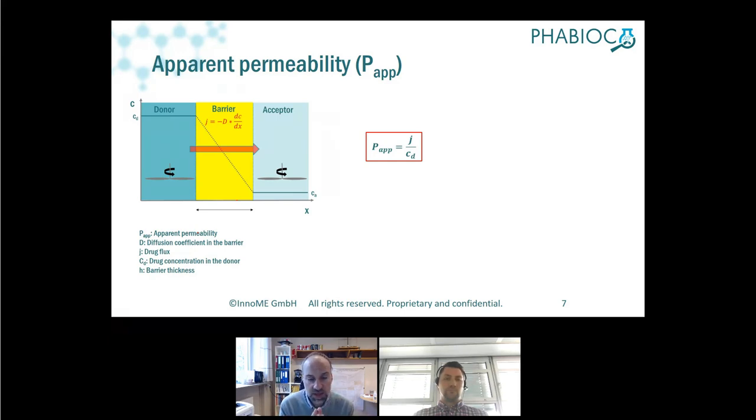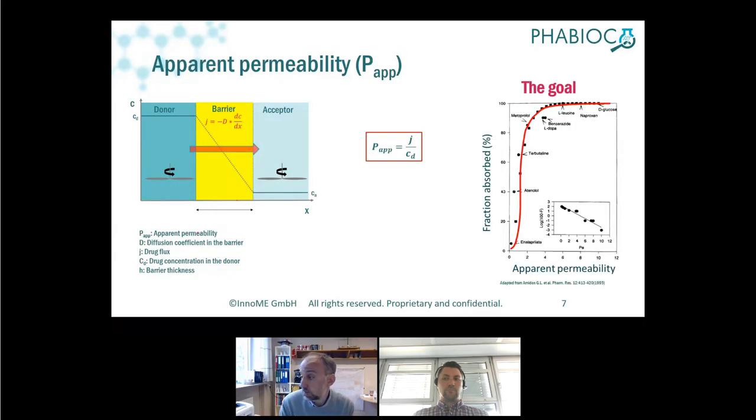And why is this important? Because, in terms of drug development, it has been assumed back in 1995, in one of the most cited papers in the pharmaceutics field, from Amidon et al., where the biopharmaceutics classification system was introduced, that there should be a very nice correlation between the apparent permeability and the fraction absorbed of the drug, so to say, the oral bioavailability.